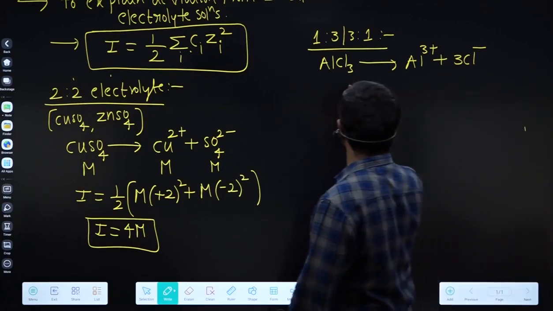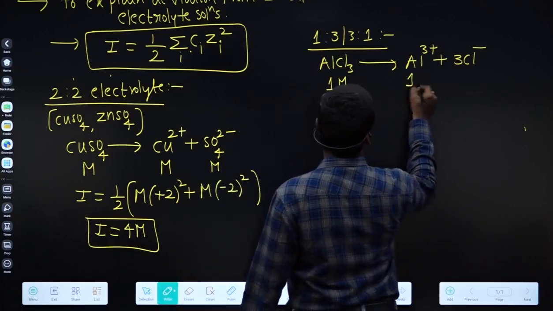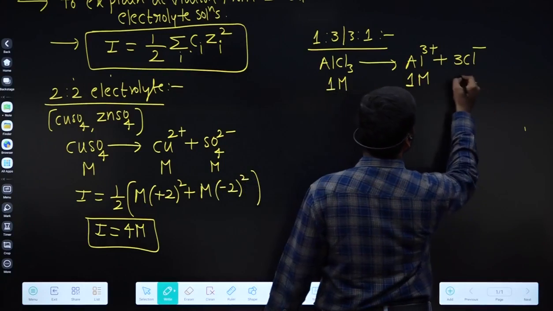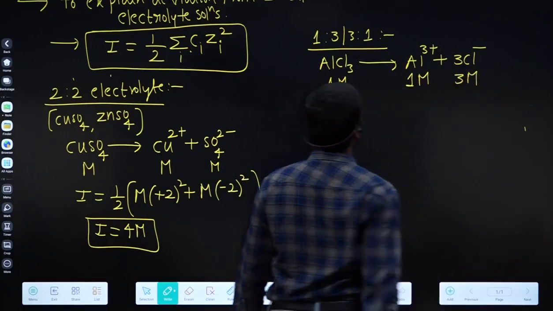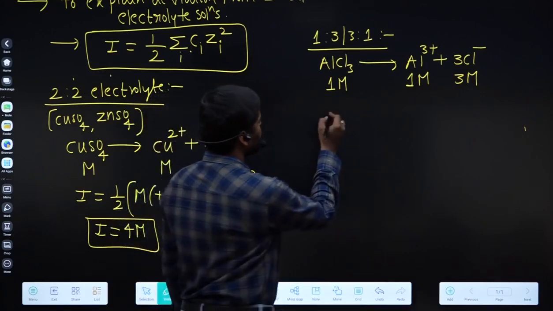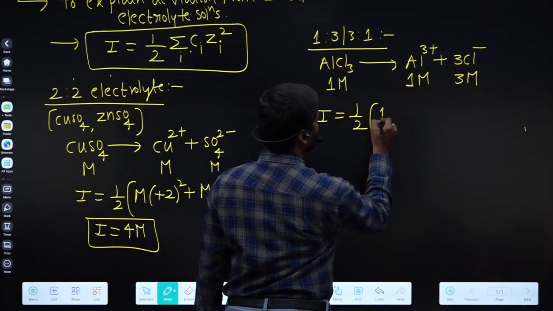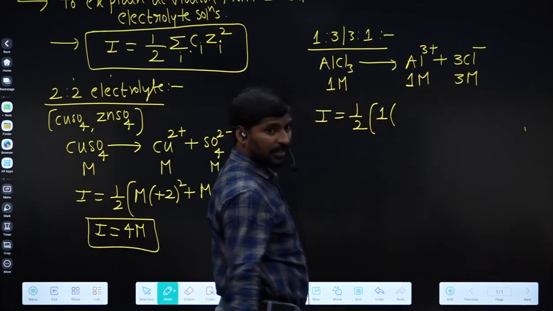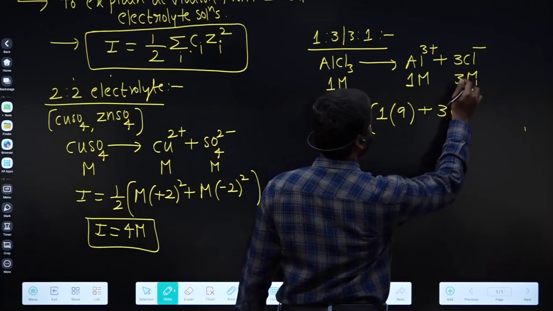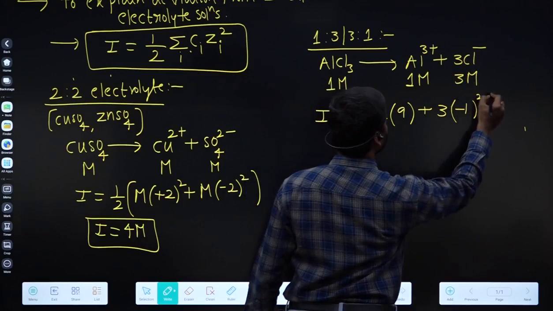Here if you take the concentration of AlCl3 as 1m, the aluminum ion concentration is 1m, and the chloride ion concentration is what? 3m. 1 mole gives 3 moles of anions. So I is equal to 1 by 2, the concentration of cations 1, charge number 3 square, that is 9, plus 3m, charge number is 1, minus 1, so square.